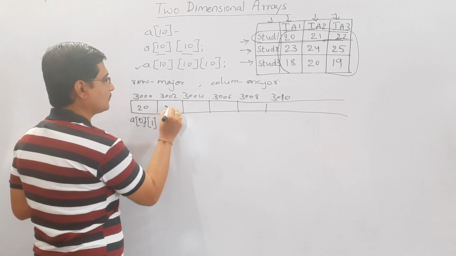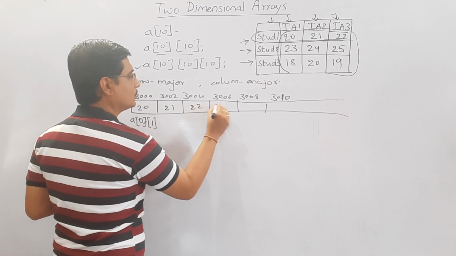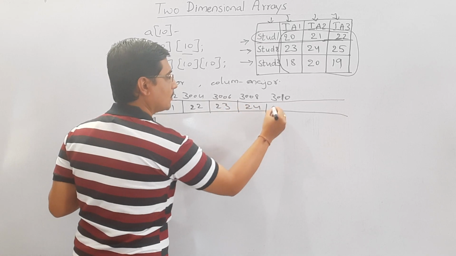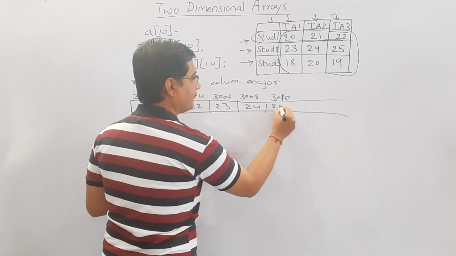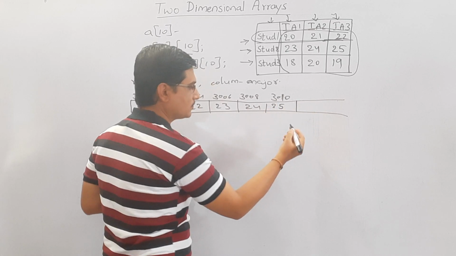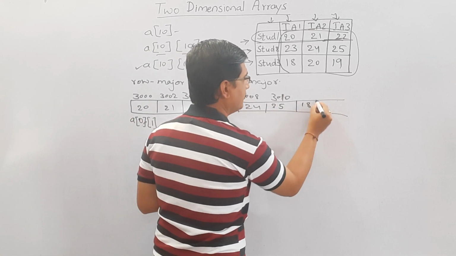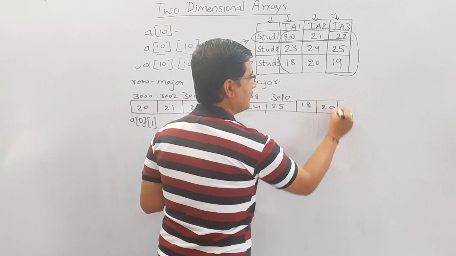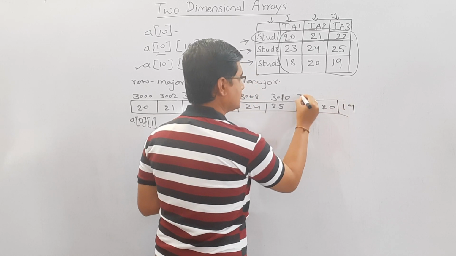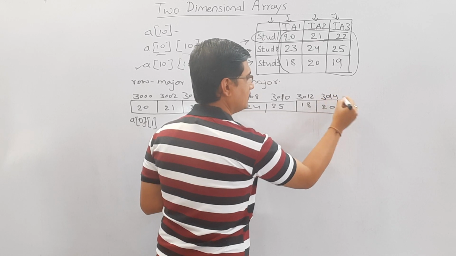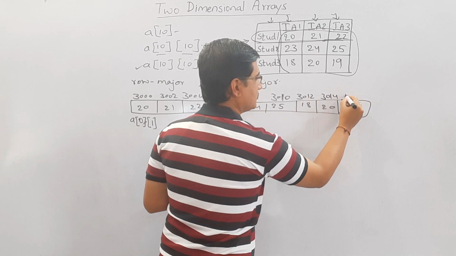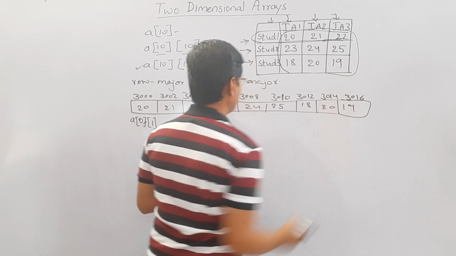The second one is 21, then 22, 23, 24, 25, and I need 3 more cells, 18, 20 and 19. The addresses continue 312, 314 and 316.